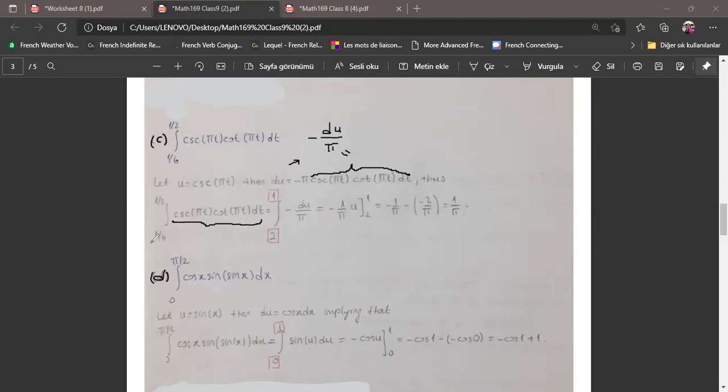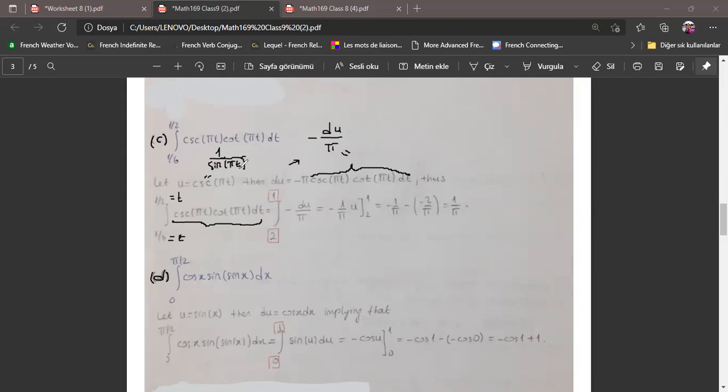What about the boundaries? These are given for t, so when t is equal to 1 over 6, we have cosecant pi over 6. You know, this is equal to 1 over sin, so you just plug t equals 1 over 6.